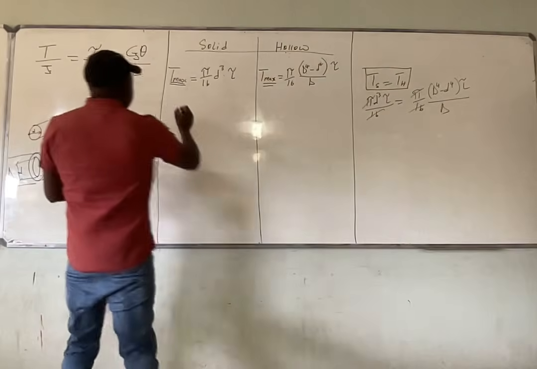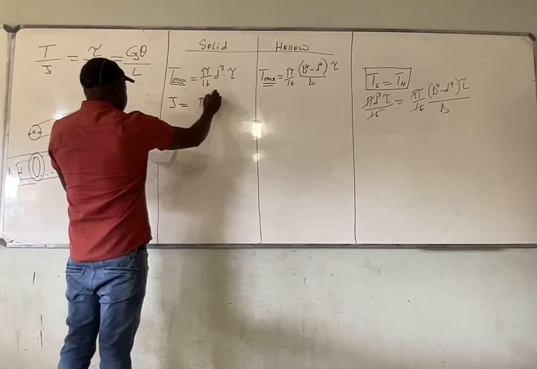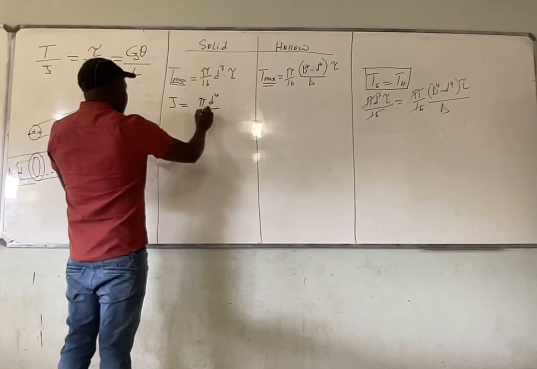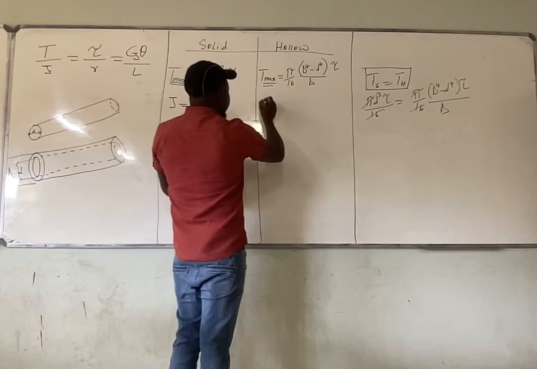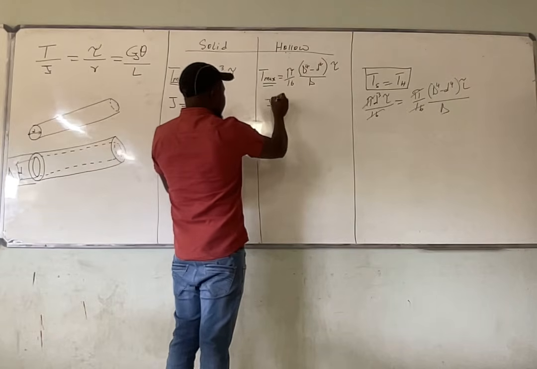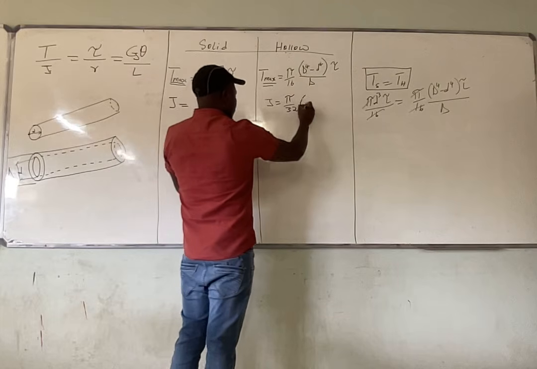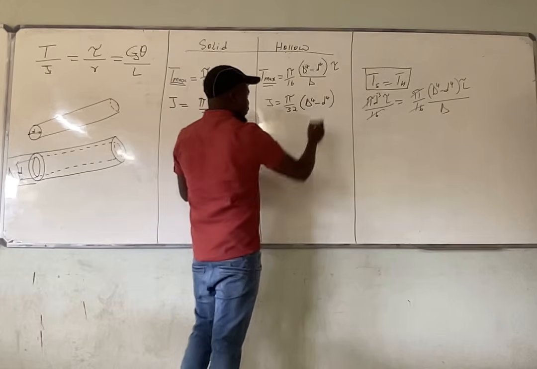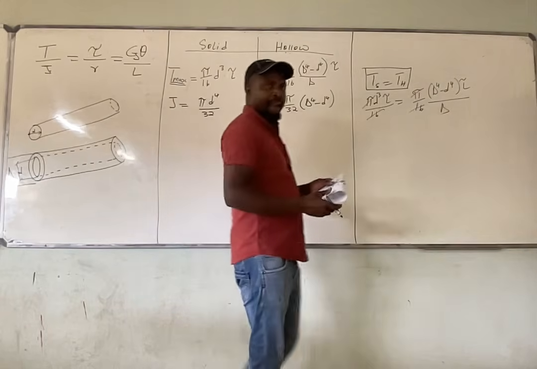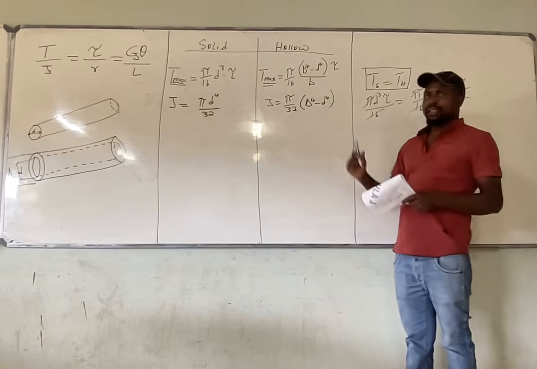For solid, the polar moment of inertia will be pi d to the power 4 over 32. For hollow, it will be pi over 32 into D to the power 4 minus d to the power 4. I repeat again, do not take this 4 outside the bracket.